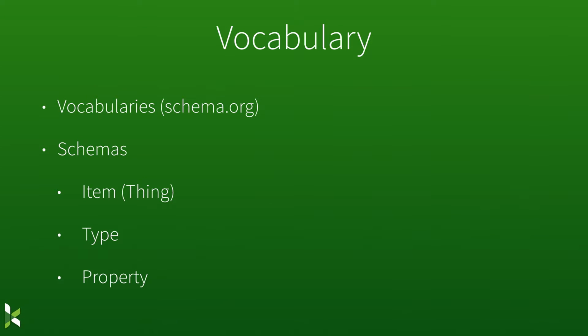So I want to level set up front about when I'm using terminology, what I'm actually talking about. Schema.org is what we call a vocabulary. Very similar to Drupal, right? So it is a vocabulary of schemas. Make sense? So each schema is a term in this vocabulary.